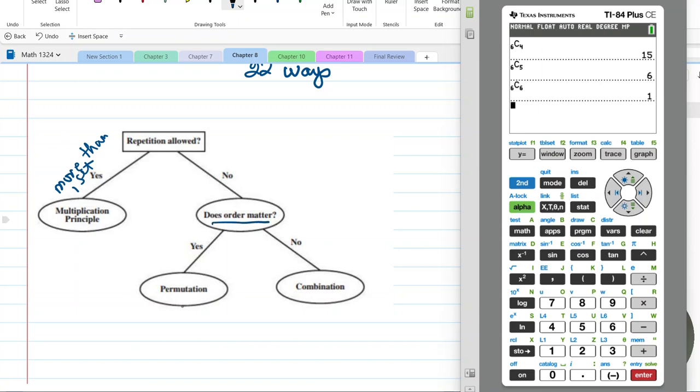If it's yes, it's a permutation. If it's no, order is not important, then it's a combination. So there you have it. You've learned all 3 different ways of counting.